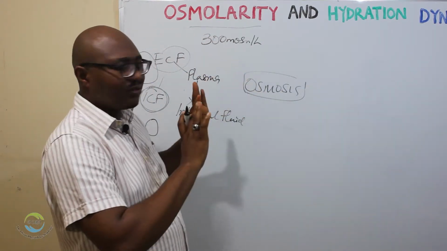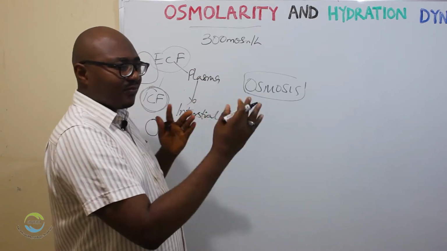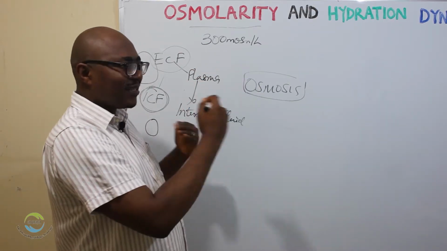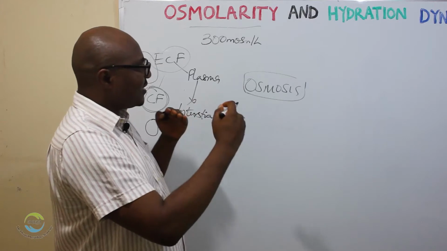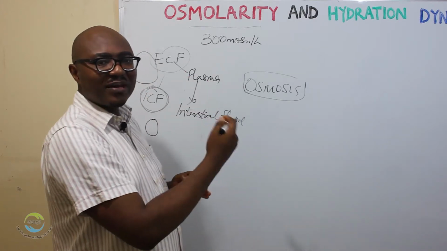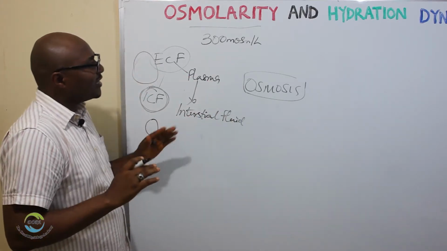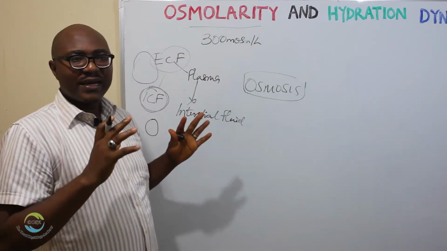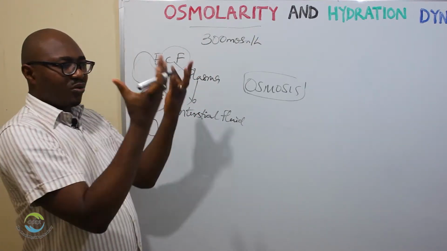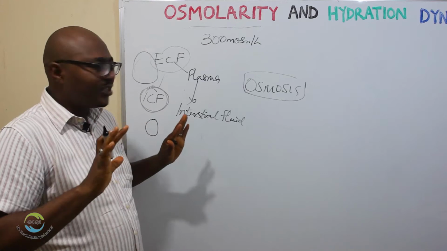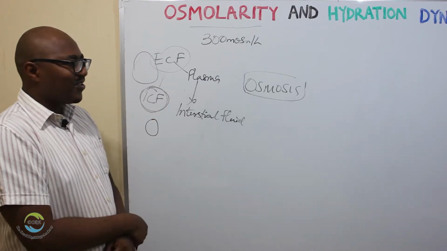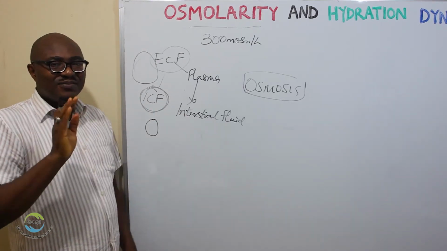So hydration has to do with water. The dynamics has to do with the fluid shift between the ICF compartment and the ECF compartment. So tying these two together will help you understand fluid management. Because whenever you go to the hospital, there is something you always notice.